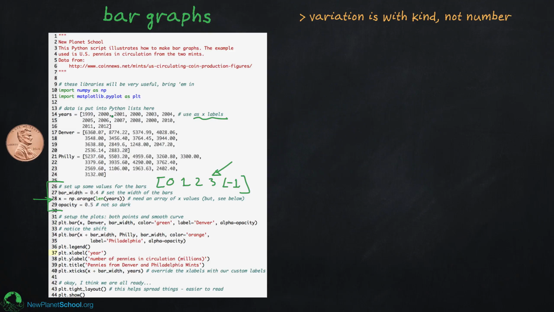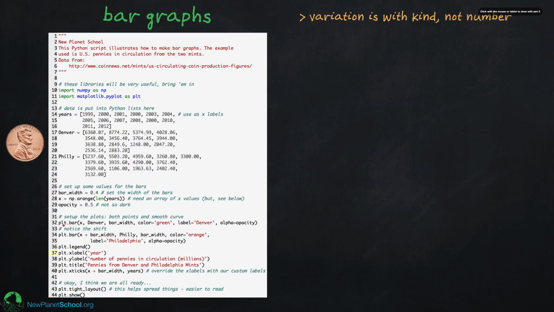They could be the names of, like I said, colors or states or countries or anything else you want. So that's why we need to set up a separate set of x values in a list. And here I'm using NumPy. Okay, and then I have a variable here for the opacity just because I wanted to be able to adjust the color.